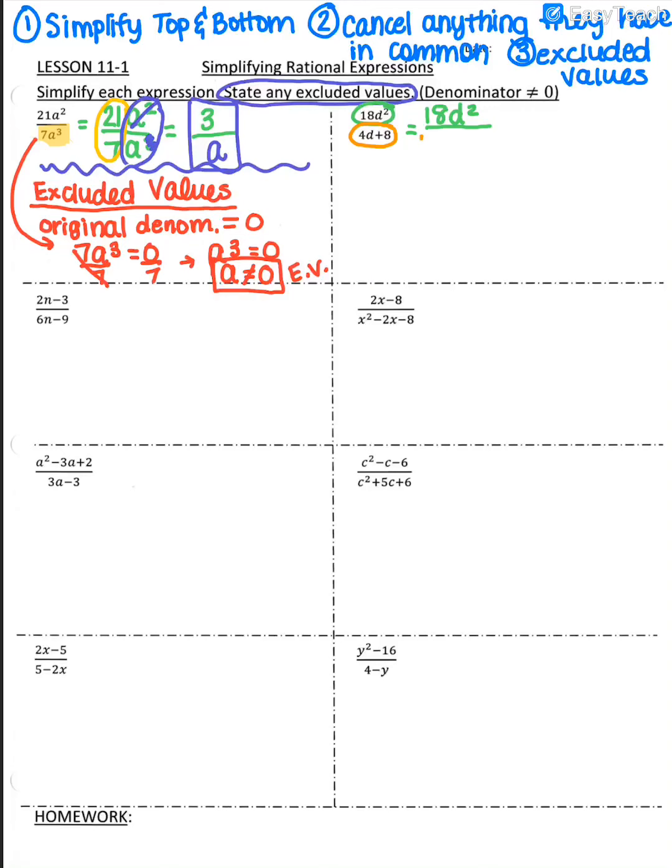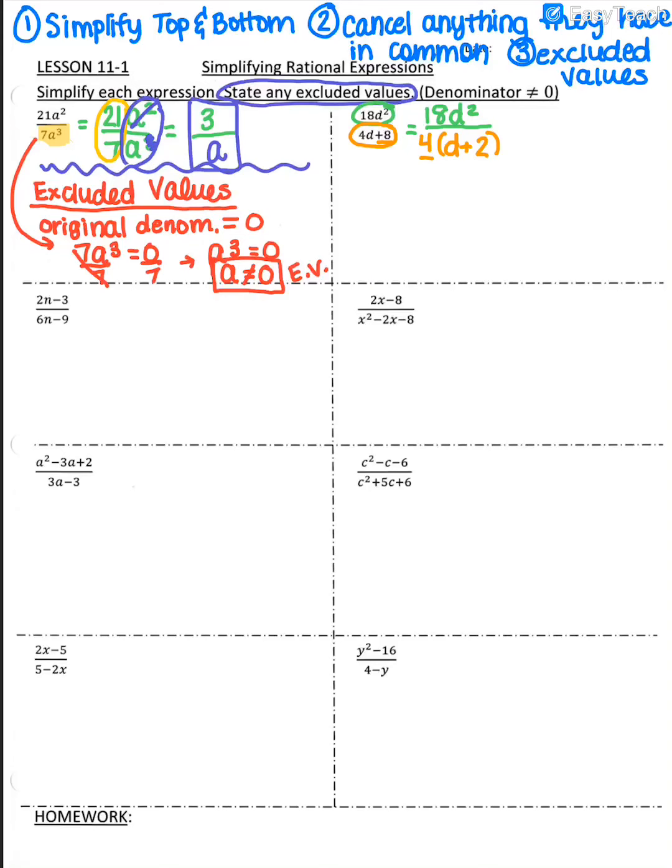So I'm going to put my GCF out front, and then in parentheses, I'm going to write whatever's left over once I divide by that GCF. So if I take 4d divided by 4, I'm going to be left with 1d. And then if I take 8 divided by 4, I'm going to get a plus 2.